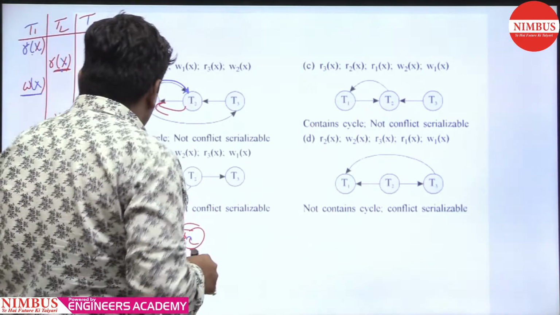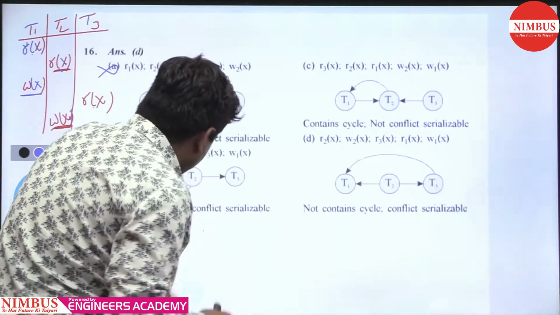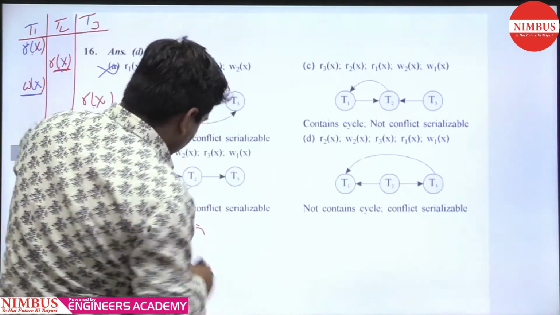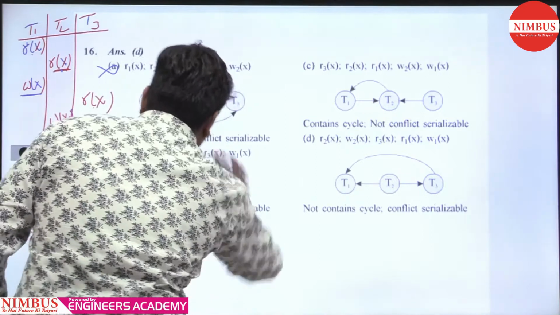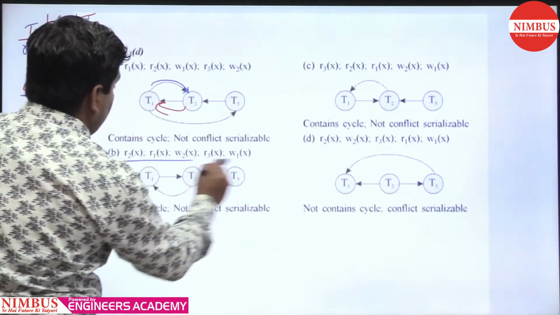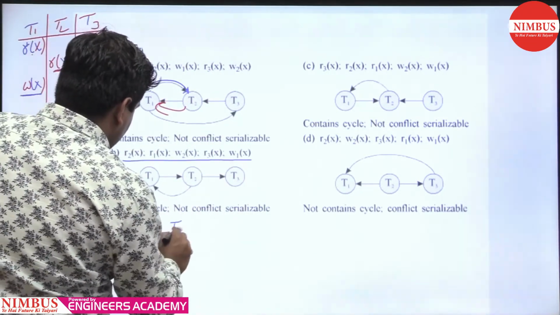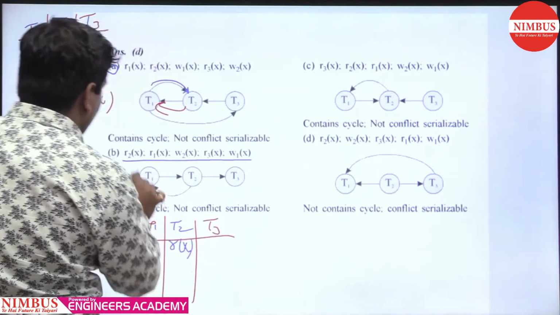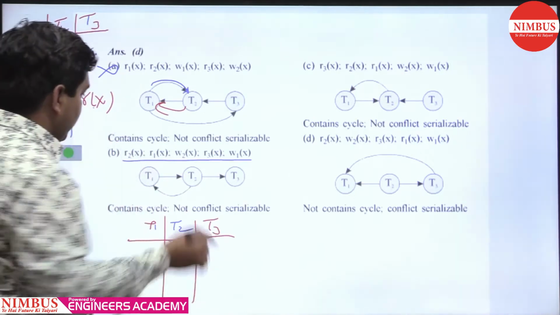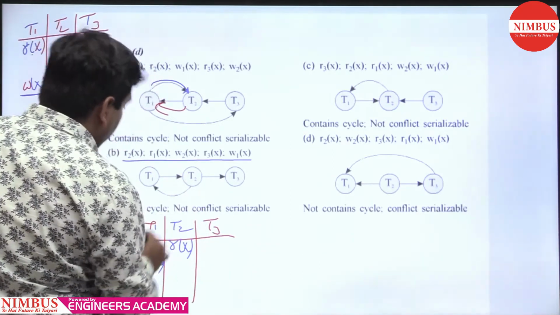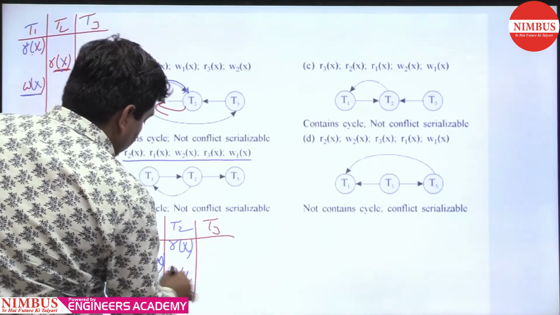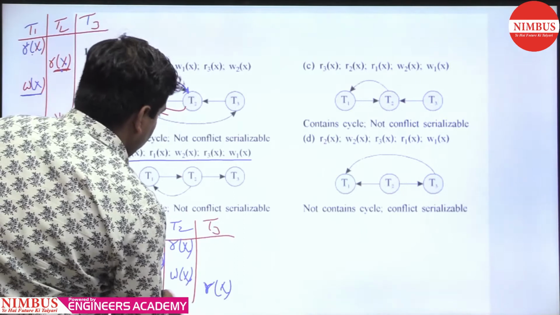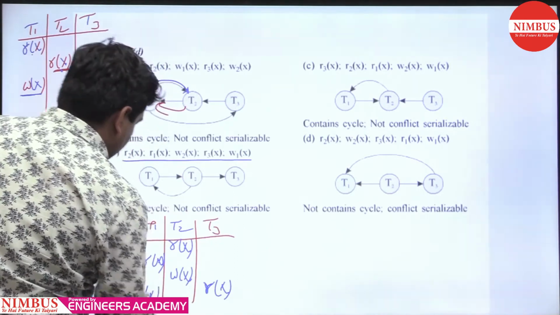Then we are talking about B. This one is S2, yeah, we can say option B. R2X means transaction number 2, read X, read X, write X, read X, write X. Getting my point?